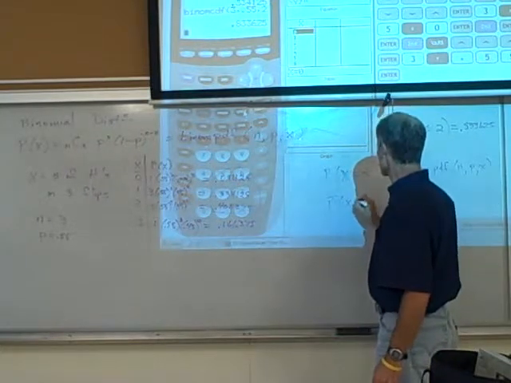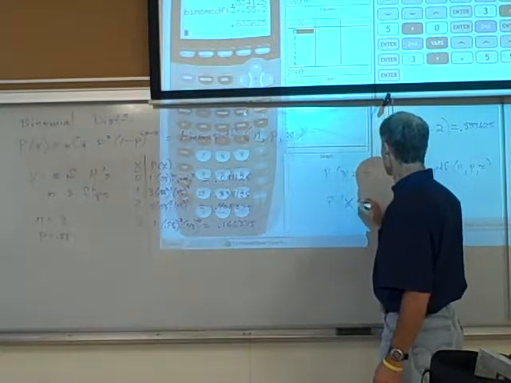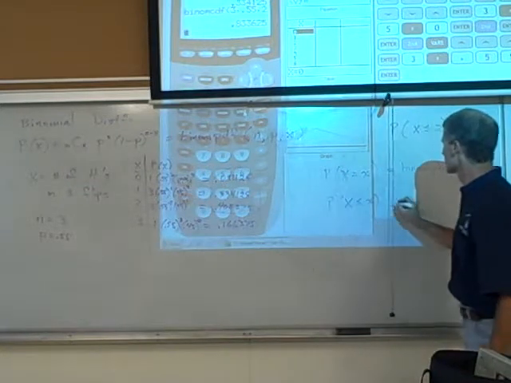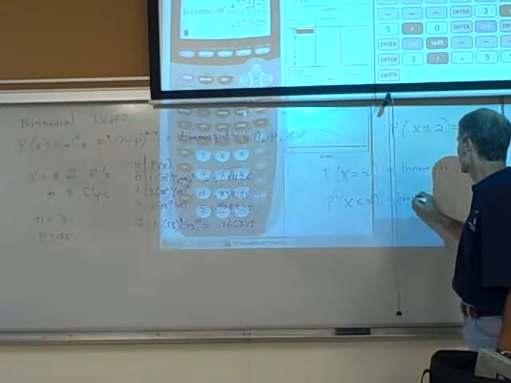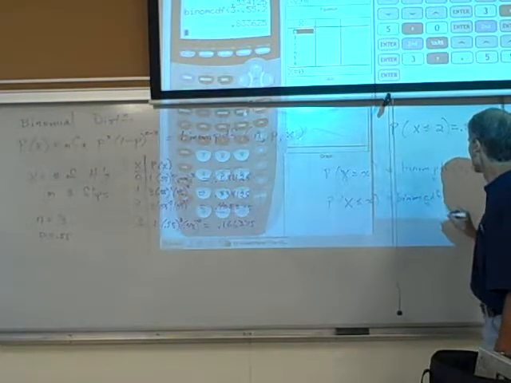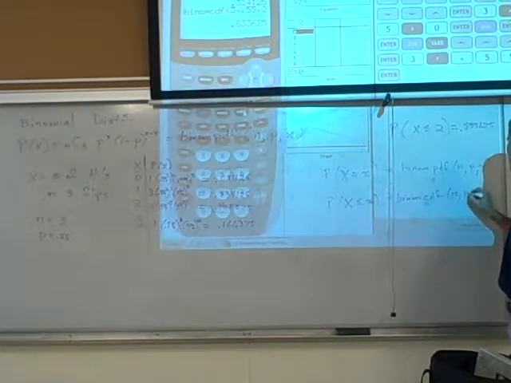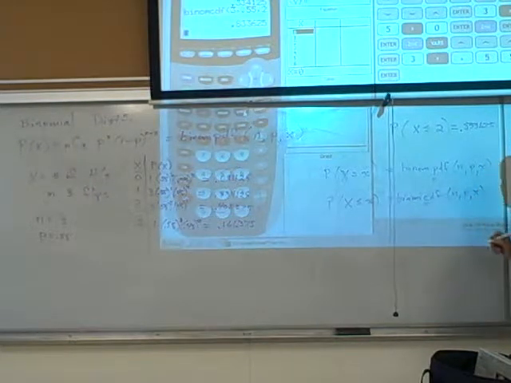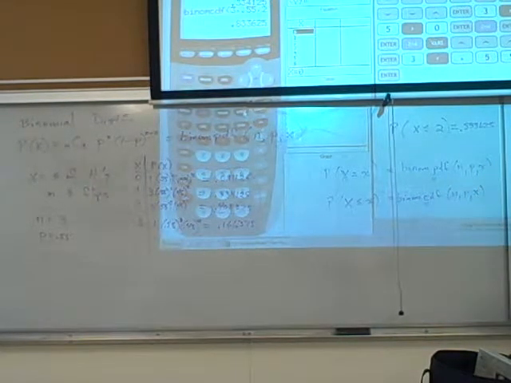The probability that X is less than or equal to some little x is equal to binom CDF at n, p, x. Okay?